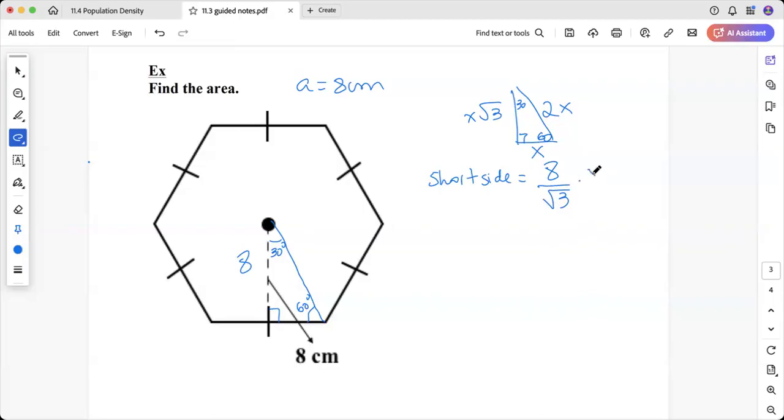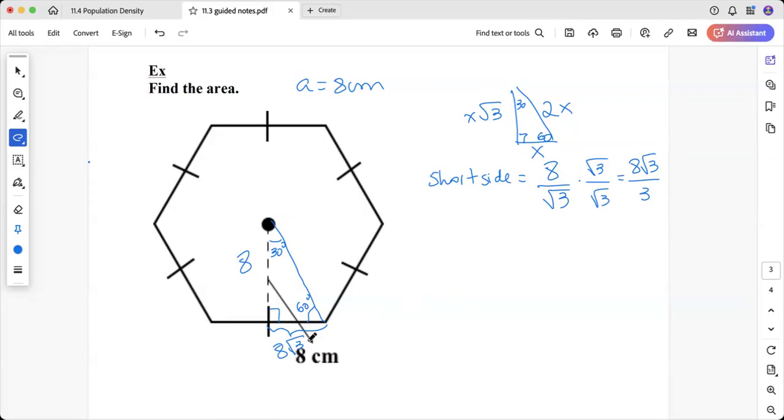Remember that I have to rationalize this, and I end up with 8 square root of 3 over 3. So that's the short side, which is this part right here.